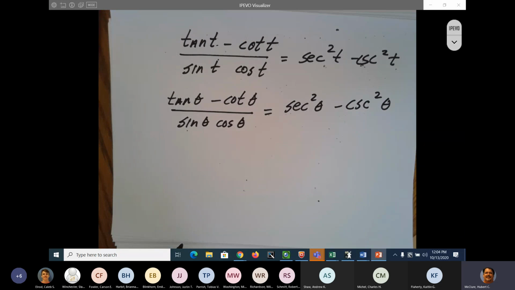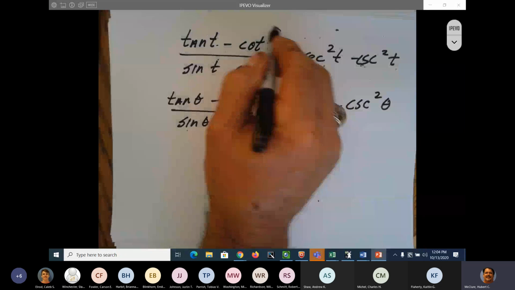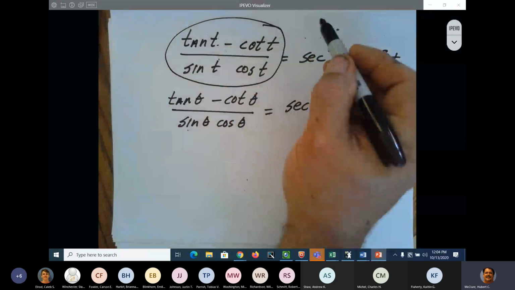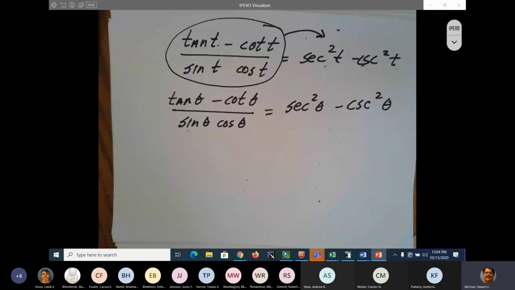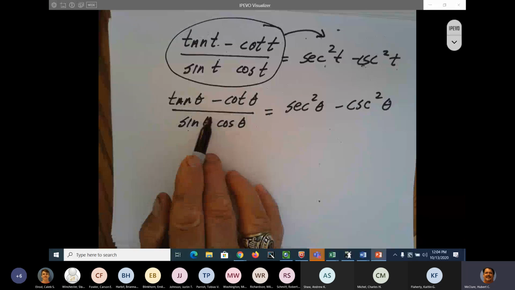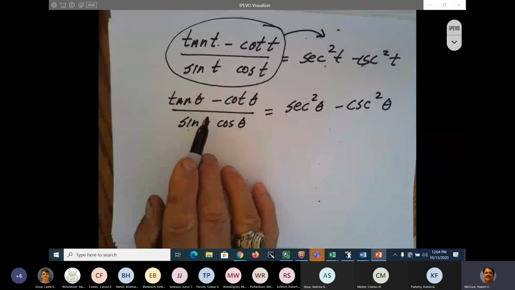Now, what side do you think I'm going to work with? Anybody have any idea? The left one, because you got a fraction. Exactly. Now, I want you to focus on this right here and see what you can come up with.